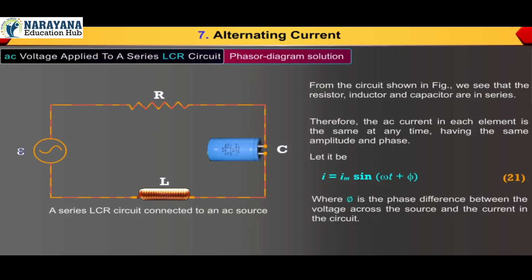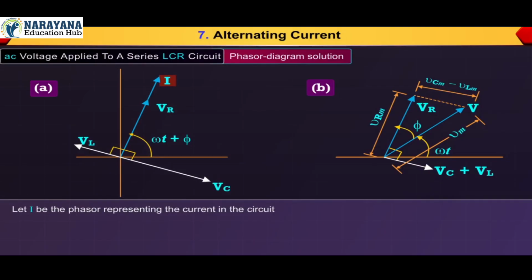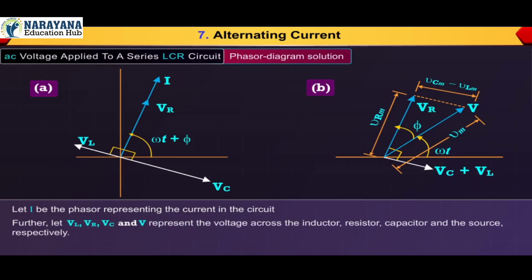On the basis of what we have learnt in the previous sections, we shall construct a phasor diagram for the present case. Let I be the phasor representing the current in the circuit as given by equation 21. Further, let VL, VR, VC and V represent the voltage across the inductor, resistor, capacitor and the source respectively.